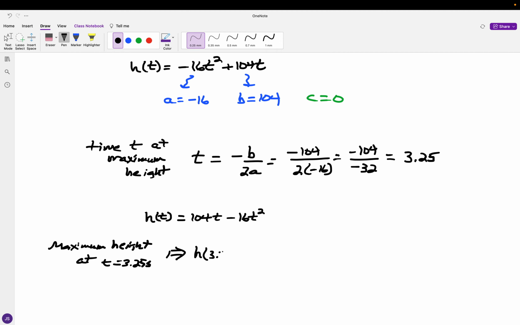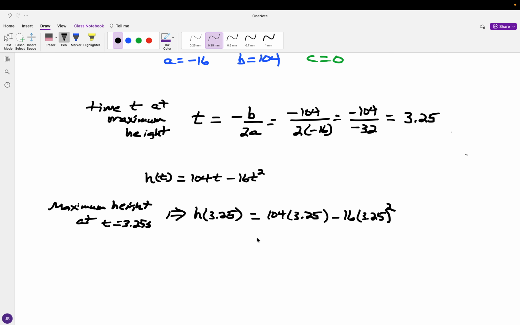I'm just going to plug in 3 1/4 for t, so we have h of 3.25 is equal to 104 times 3.25 minus 16 times the square of 3.25.